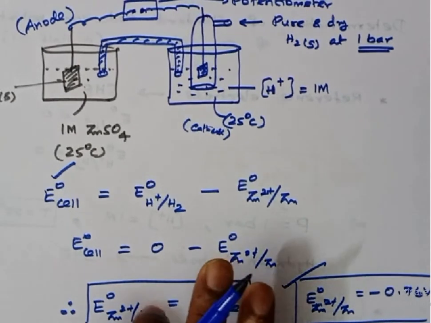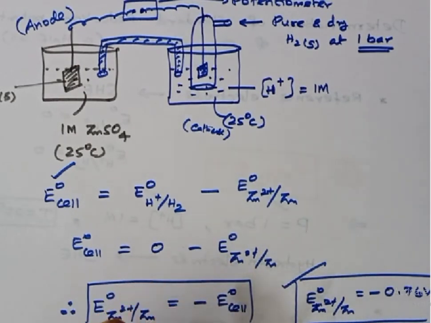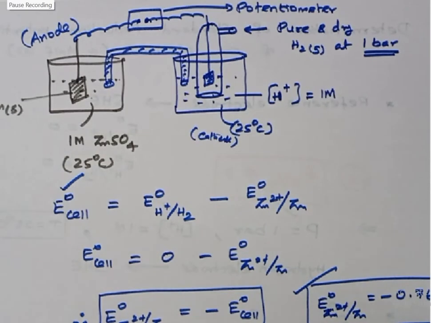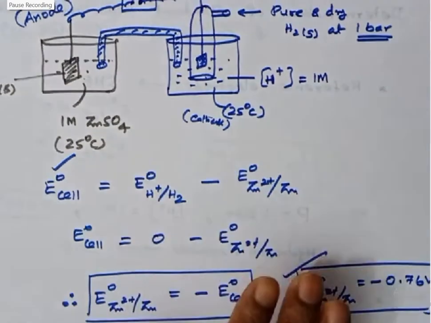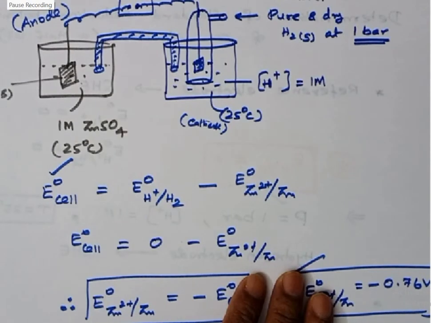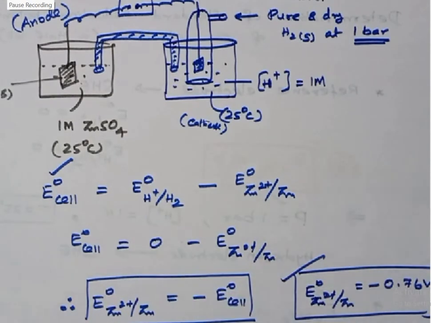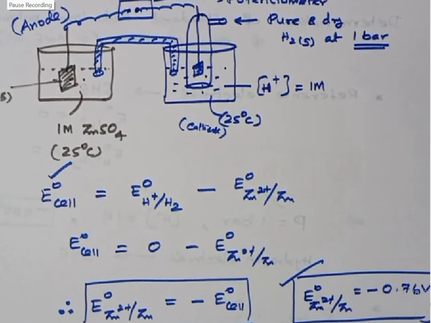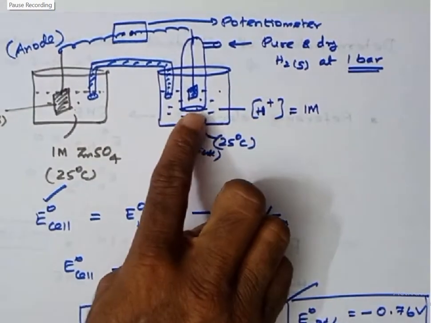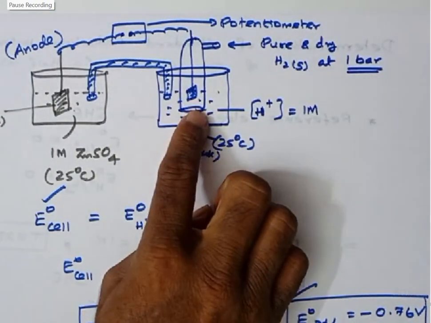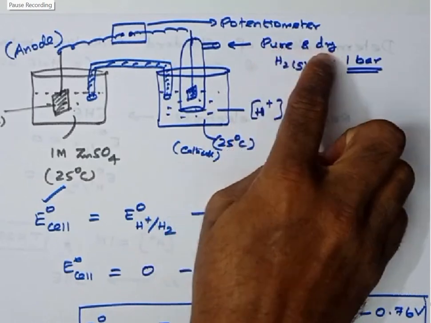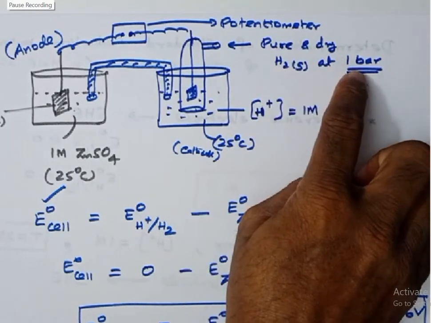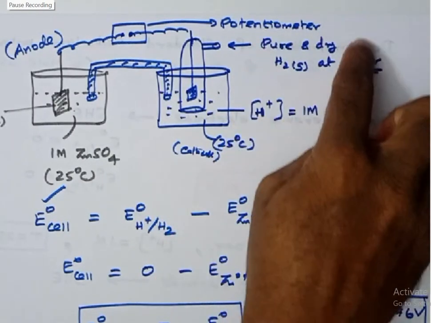In this manner you can determine the potential of any electrode, students. By using this technique you can determine the standard reduction potential of any electrode. But the problem with the standard hydrogen electrode is that every time you have to use pure and dry hydrogen gas, and you have to maintain the pressure at 1 bar, which is a tough task.